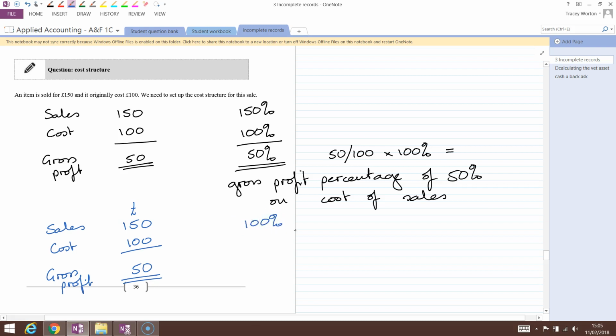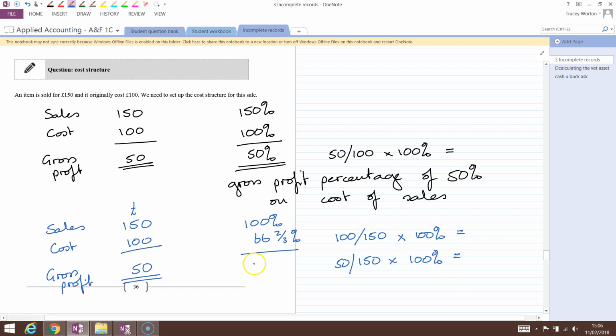So now in order to calculate our cost percentage, so we have 100 of a possible 150 in terms of pounds as a percentage, and that would be 2/3 or 66 2/3%. And therefore my gross profit would be £50 of 150 times 100%.